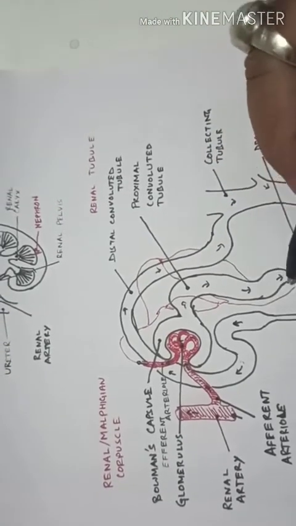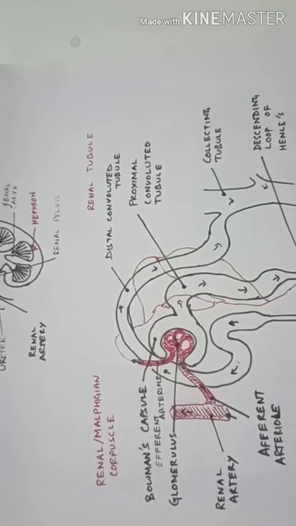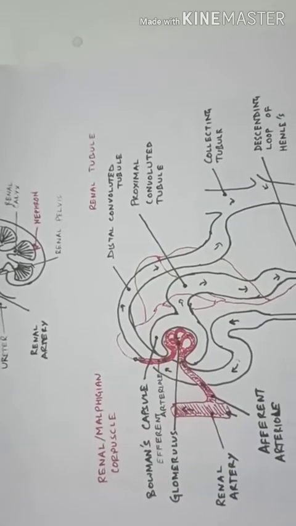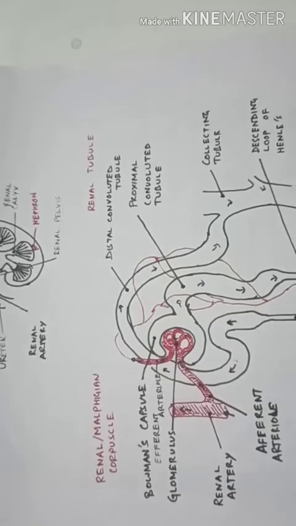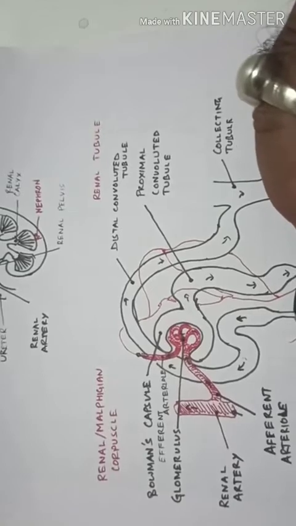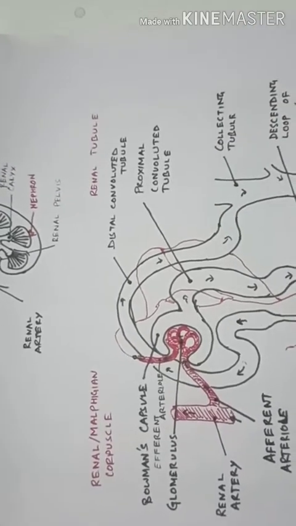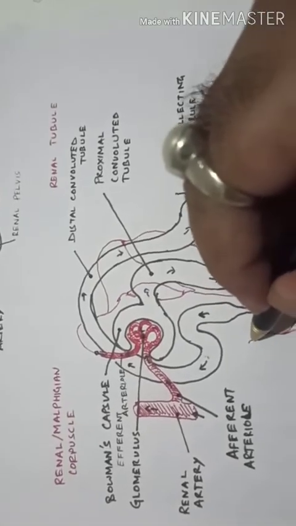It will come through every single section, let me draw it as roughly as possible, and then will transform into vein.